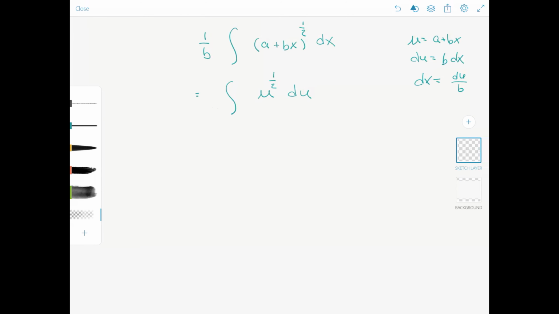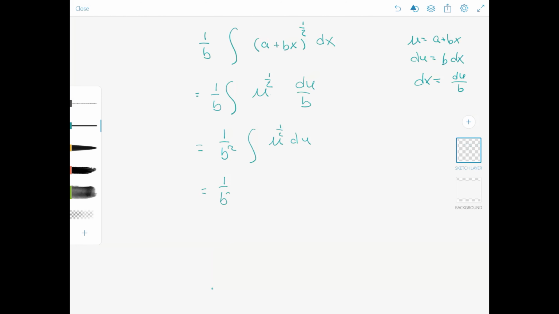Or wait a minute, just a second. I'm kind of screwing things up. Let's slow down a second. Okay, so we have our u. Our u is a plus bx, so we have u to the 1/2, and dx is du over b, so we have 1 over b, and dx is du over b. So here we got 1 over b squared, u to the 1/2 du.